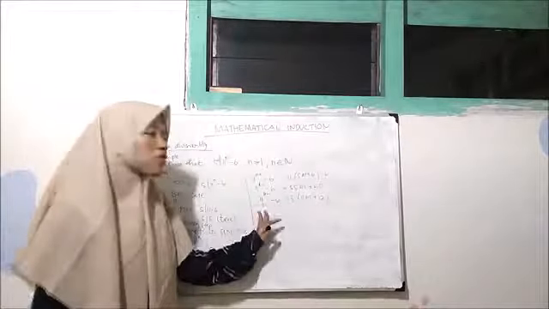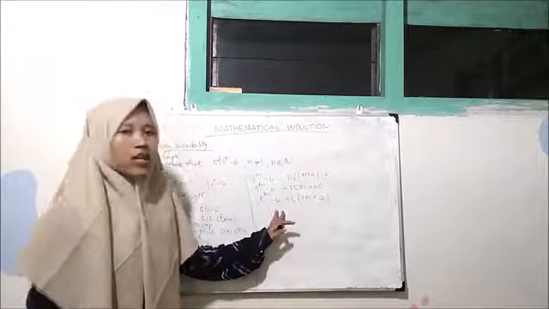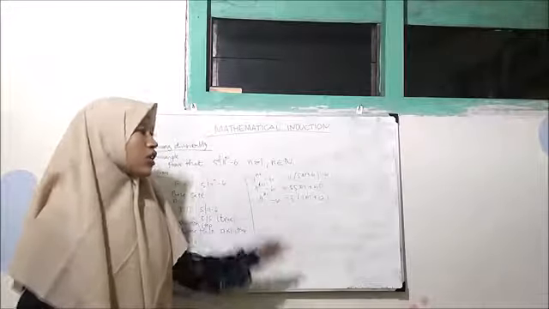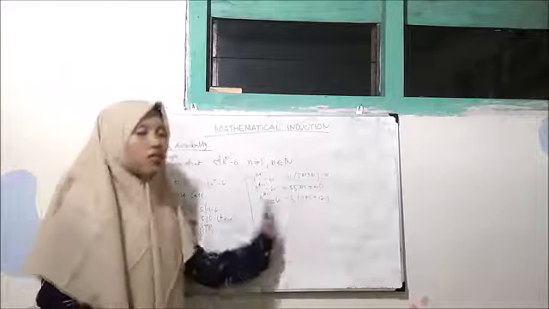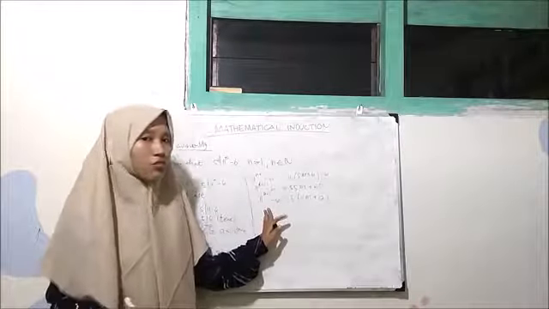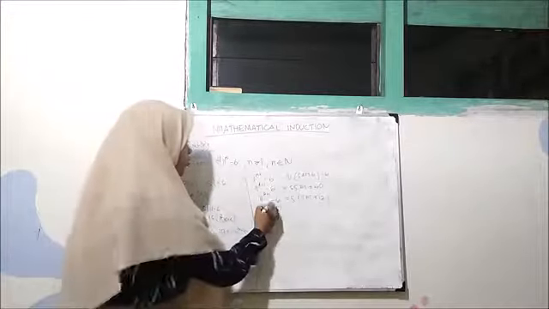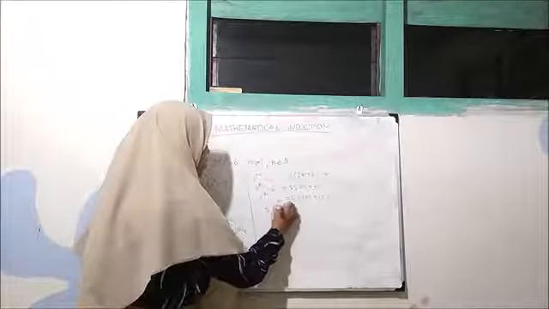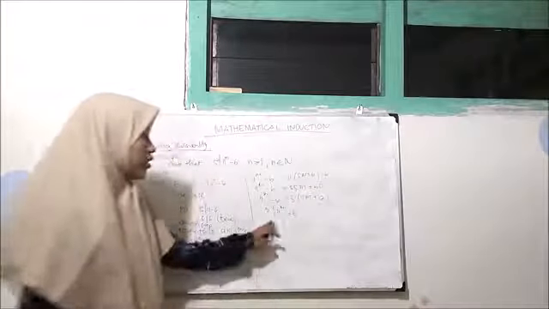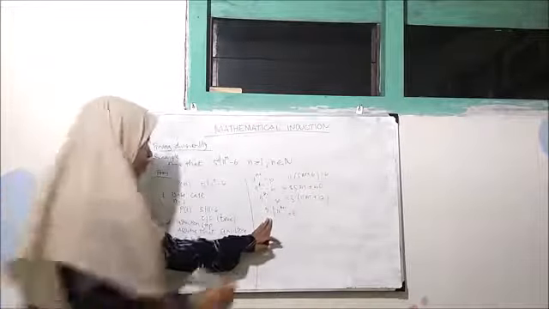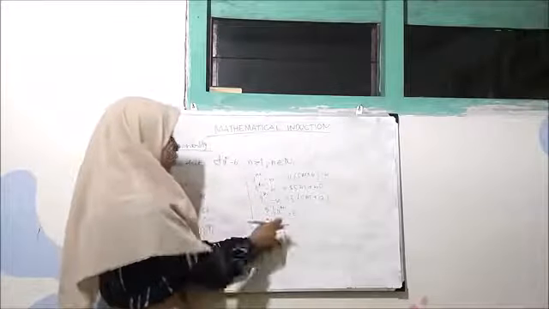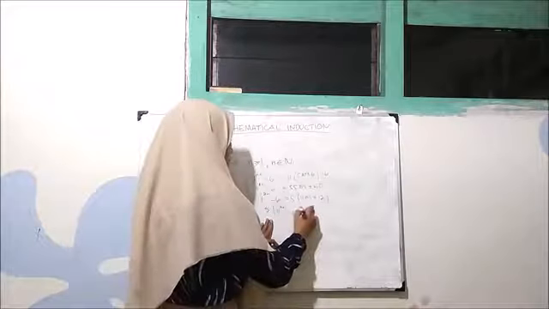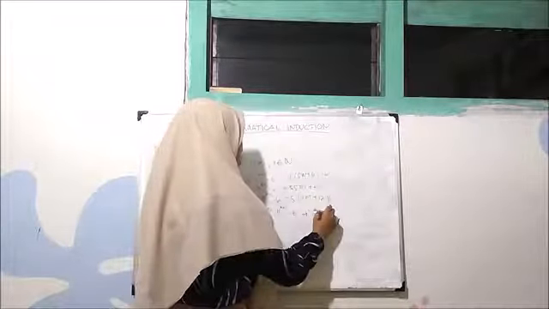Because 11 to the power of k minus 6 can be written as 5 times something, we can say that 5 divides 11 to the power of k plus 1 minus 6. Look at this. This is Pk plus 1. If it is Pk, so it is Pk plus 1.